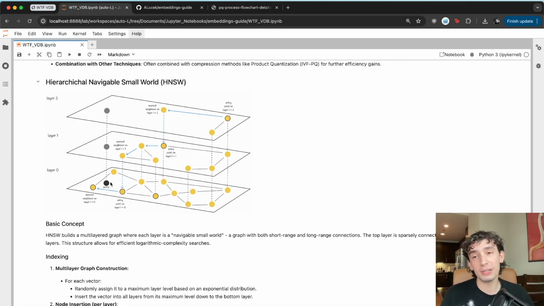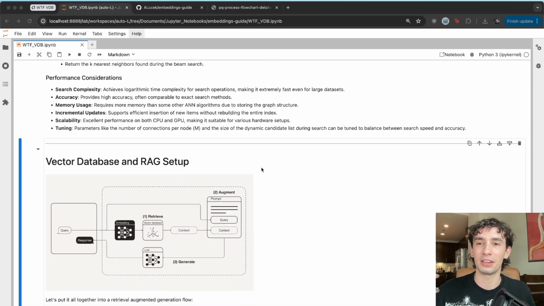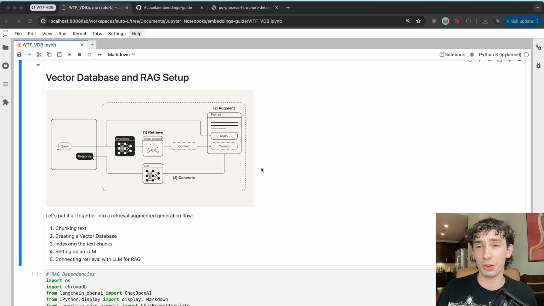Once we hit the bottom layer, we perform more of a beam search to widen our area, compare the distances of our query vector with the nearest neighbors of where we ended up on the final layer, and that tends to return our k nearest neighbors. This method tends to be incredibly accurate in practice, and so is what we'll be using as we transition finally out of the different algorithms and theory into actually setting up our vector database and showing the full end-to-end RAG.